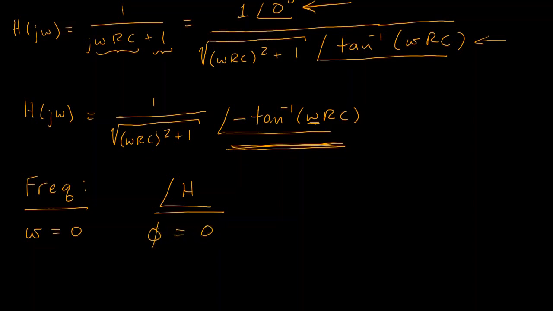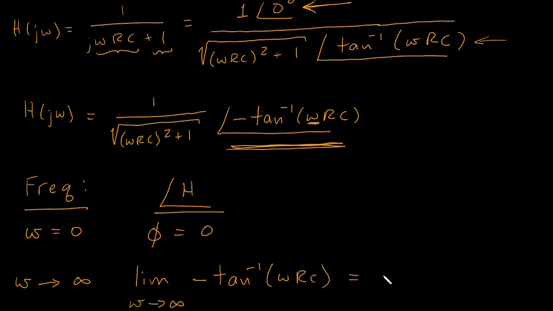Now we can pick larger and larger frequencies, but what we're going to find is, as omega goes to infinity, the limit as omega goes to infinity of negative, don't forget the negative, arctangent of omega RC equals negative 90 degrees.